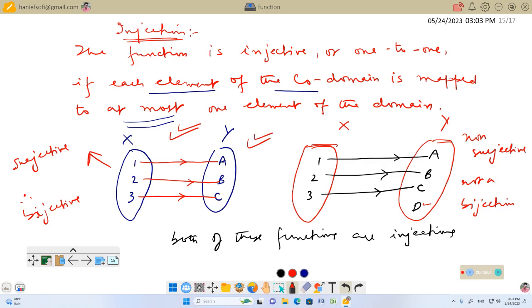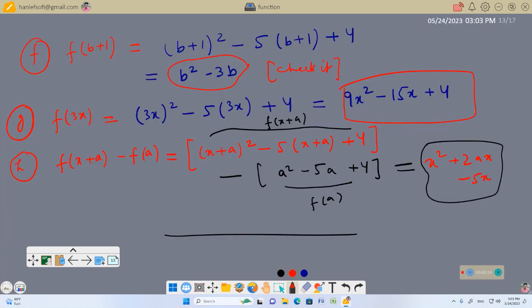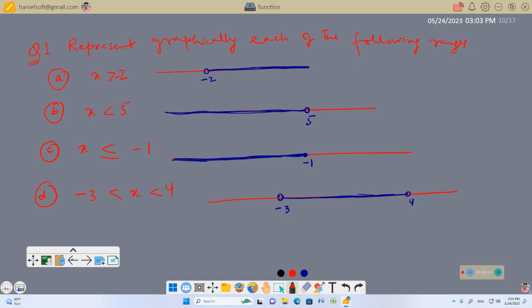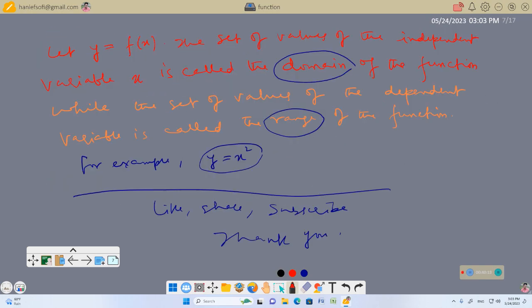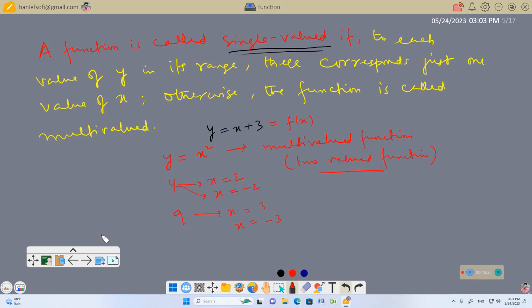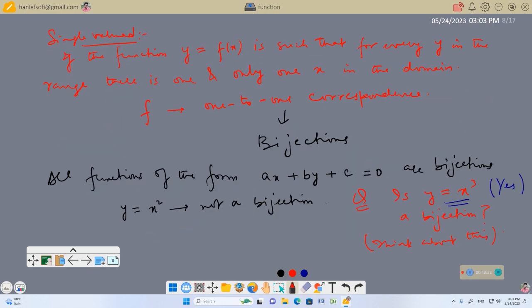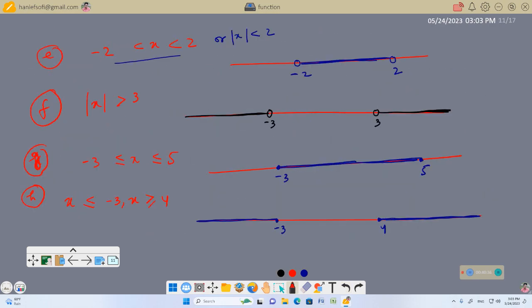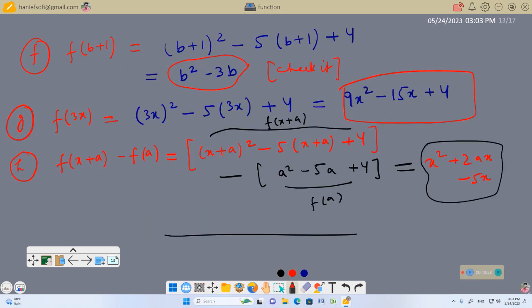You can see to each value of y there is a single value of x. That is single valuedness. We defined the single valued function: a function is single valued if to each value of y in the range there corresponds just one value of x.